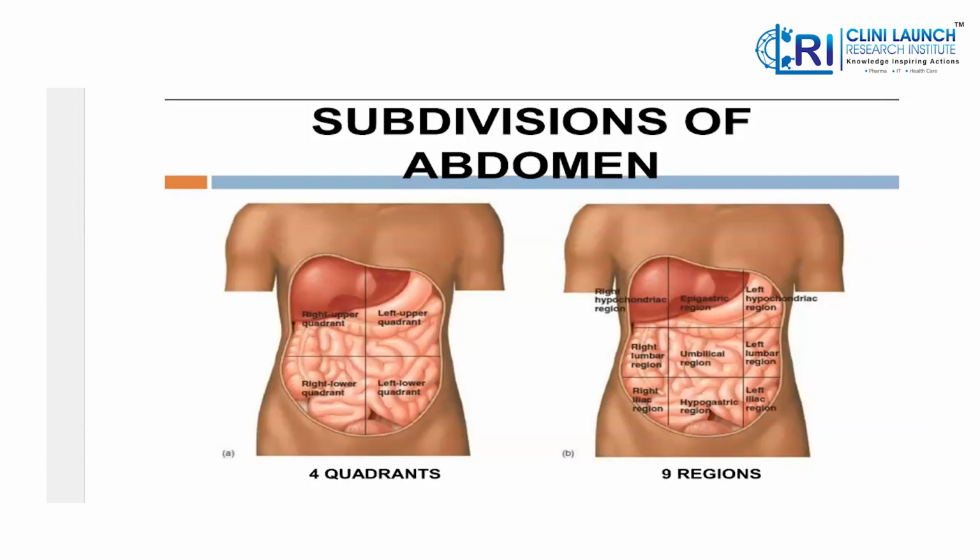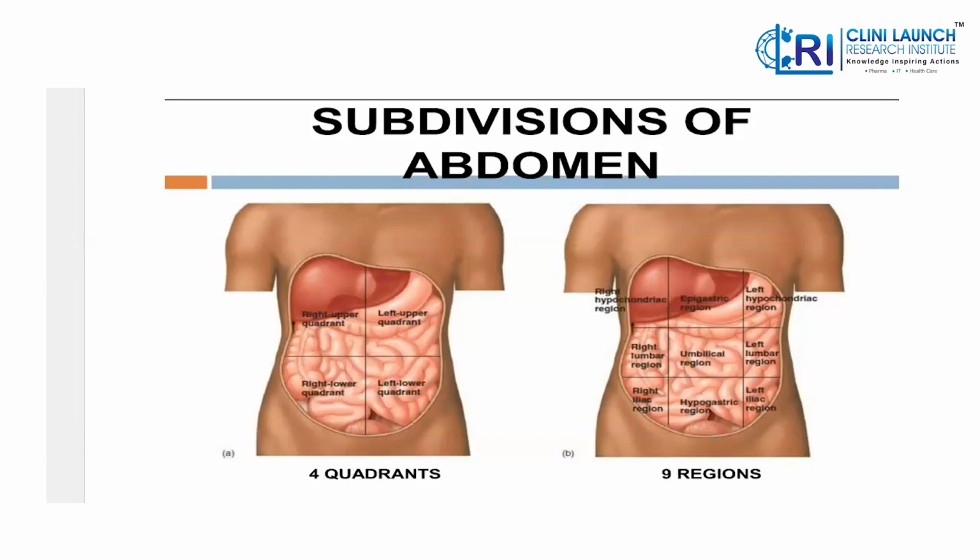Now, it can be further divided into 9 regions. In a more technical term, it is the right hypochondriac region, the extreme right region. अगर आप अपना structure देखोगे, तो अभी तो उल्टा लग रहा है, your right is your left, है ना?